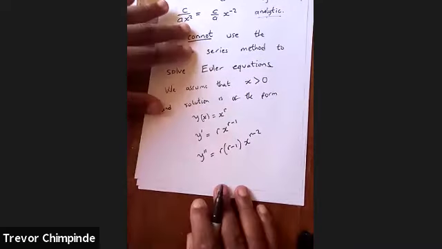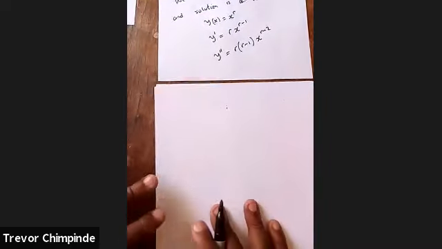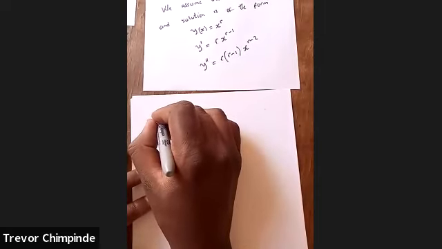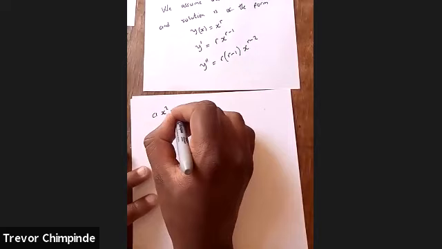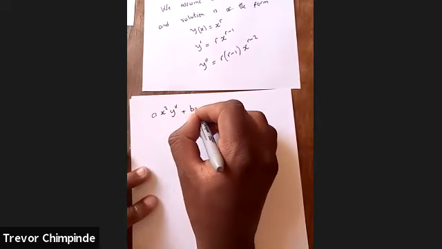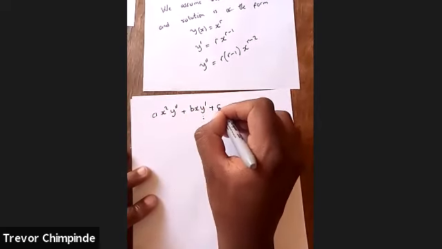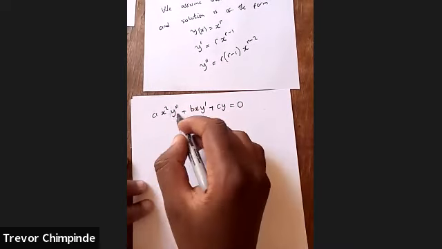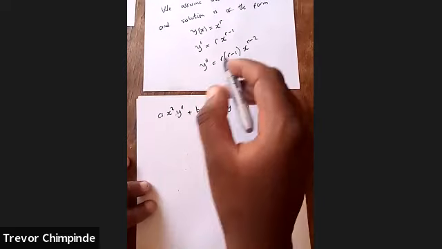So if you plug these into your equation, what was your equation? Your equation is a x squared y double prime plus b x y prime plus c y is equal to 0. So in place of y double prime, I put what I got here.